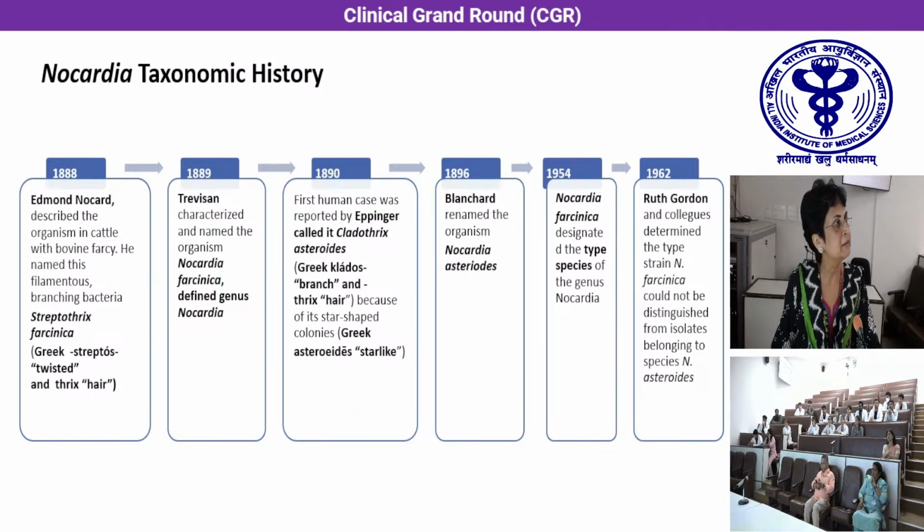Now, thereafter, with the advent of chemotaxonomic methodologies, it was decided that Nocardia farcinica be designated as the type species of the genus Nocardia.